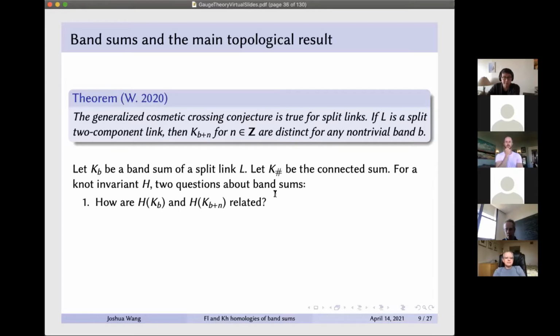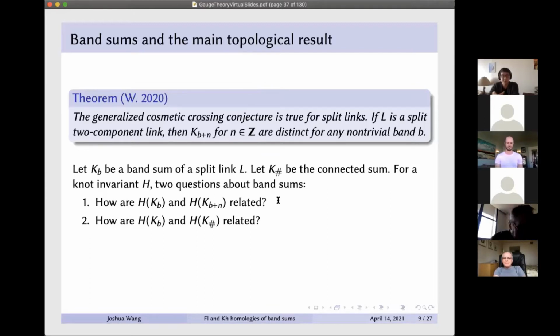So the first is, how are H of KB and H of KB plus N related? So I've got a fixed band B and I'm adding full twists to the band and I'm asking how does H change or how does H behave? And my second question is, how are H of KB and H of K sharp related? So here I'm comparing an arbitrary band to the trivial band.